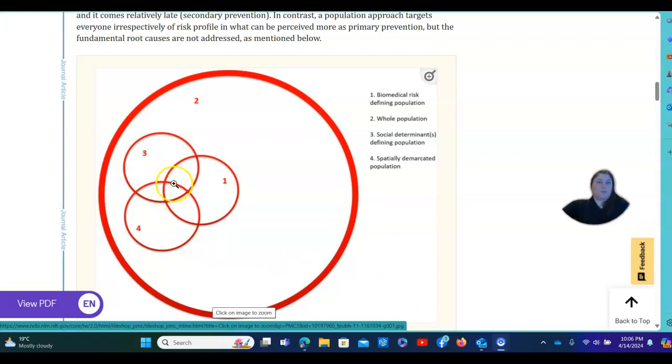You could look at a group because of the social determinants that they experience. That could define your population, or you could look at something spatial. So where are they located? So you would take that small group out of the whole population as one option, or you can look at the whole population as the other.